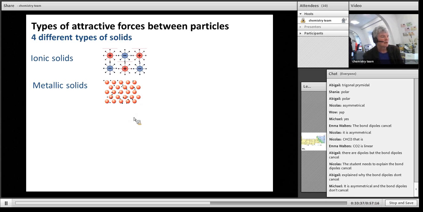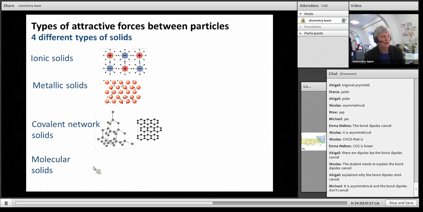Okay. Your covalent network solids. These are not that common actually, and they tend to be based around the ones with the highest valency. So carbon and silicon. A common question I get asked is, Miss, how do you know the difference between a covalent and a molecular solid?